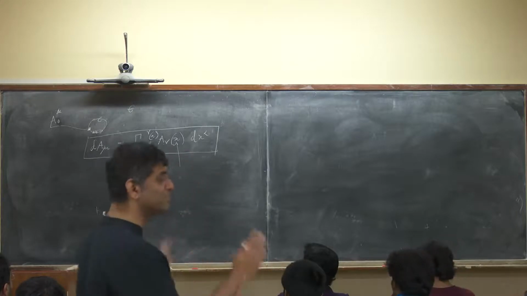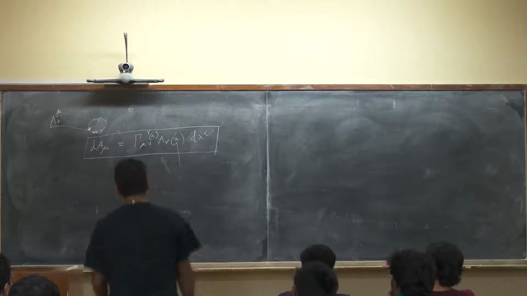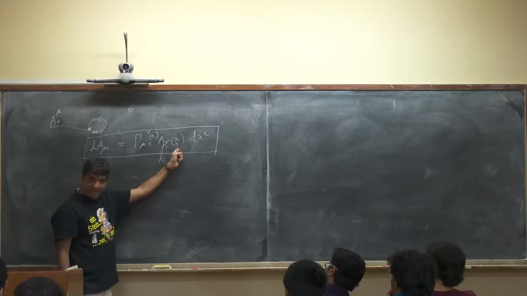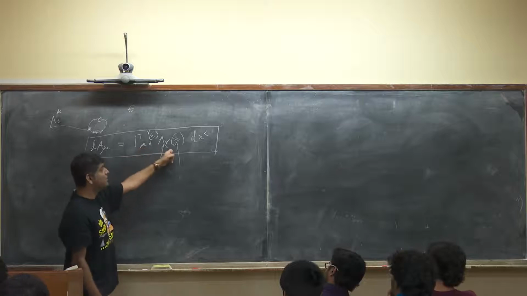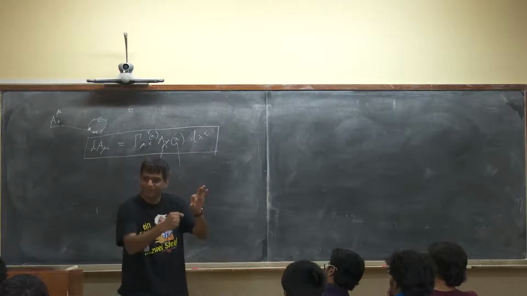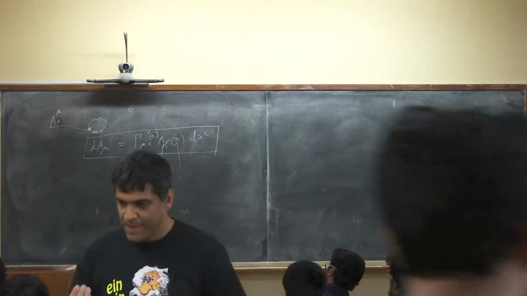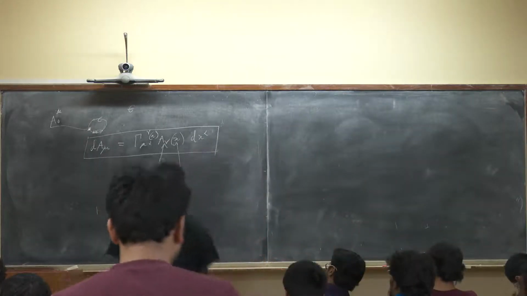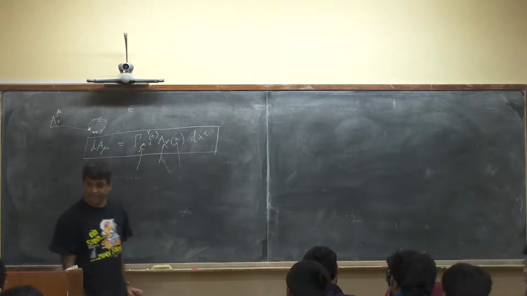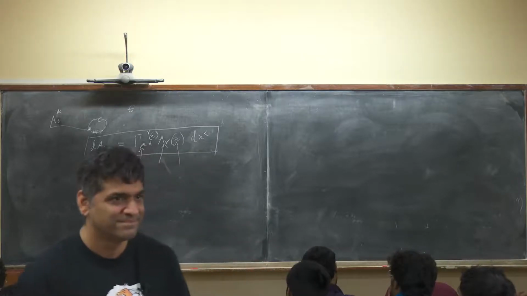We want to compute this object up to order epsilon square. Now to get this object to order epsilon square, we need to know this accurately to order epsilon, and this accurately to order epsilon, but we don't need to know them to order epsilon square, because whatever we have here is going to be multiplied by a small number, namely the length of the loop, which itself is order epsilon. Do you understand? So if we know what this object is to order epsilon, and this object is to order epsilon, then we can accurately compute this change to order epsilon square. Is this clear?